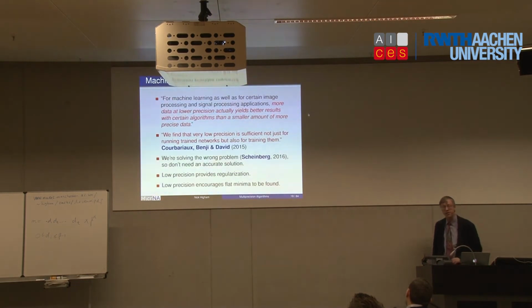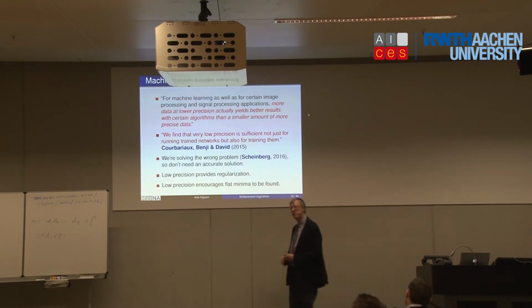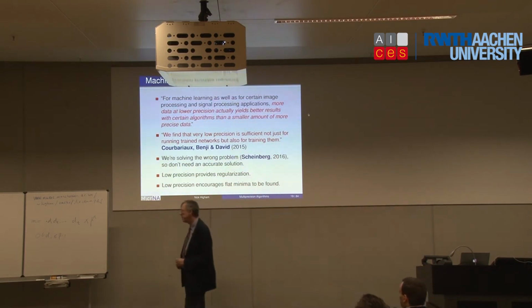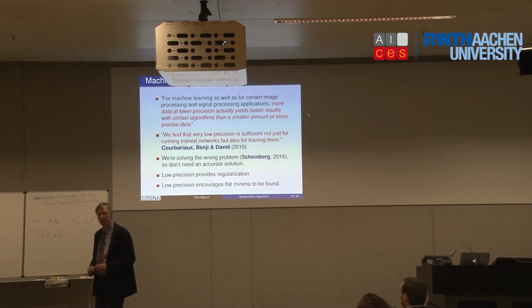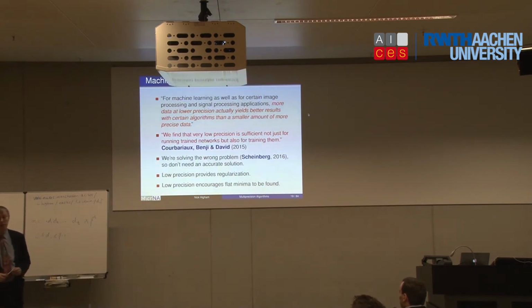One of the main drivers is machine learning, undoubtedly. If you Google around the term half precision or FP16 in Google Scholar, most of the hits will be machine learning papers at the moment. The typical paper is maybe 4 to 6 pages, and it says, we re-implemented part of our machine learning engine in FP16. We ran it on the standard test problems, and the performance was as it was before.